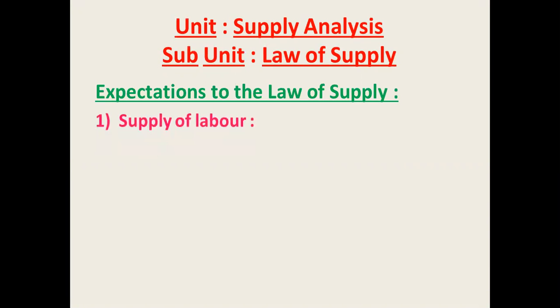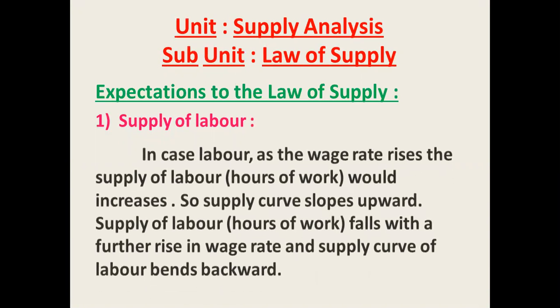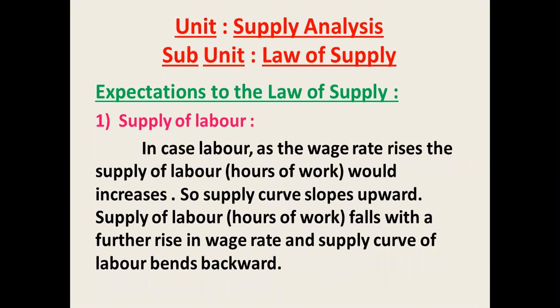The exceptions mean situations that are not applicable for this law. Some situations do not support the law of supply, and that is called the exceptions. So the first exception is the supply of labor.